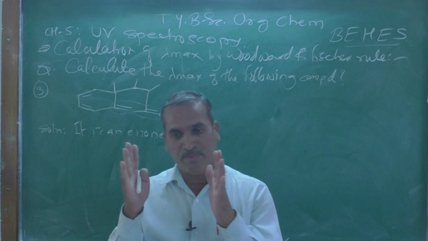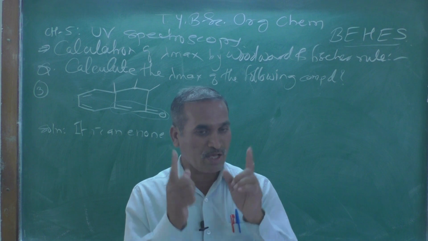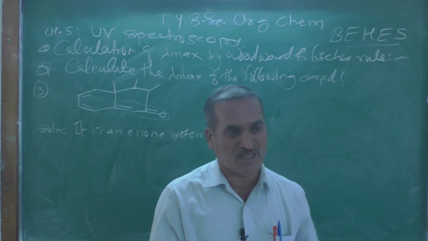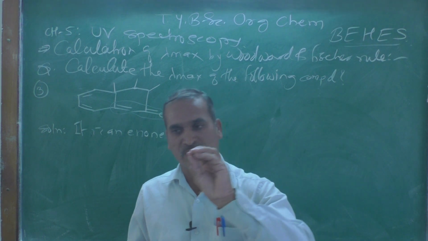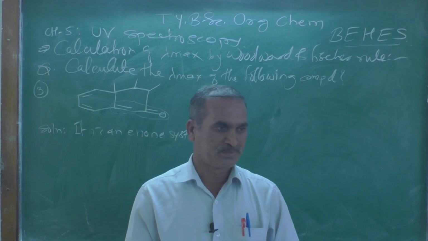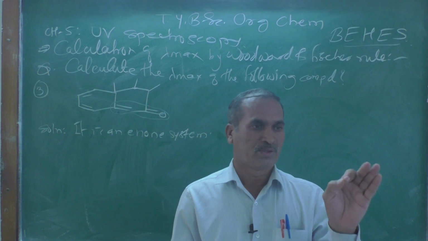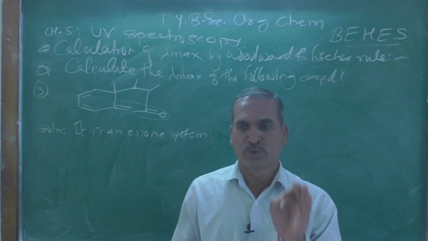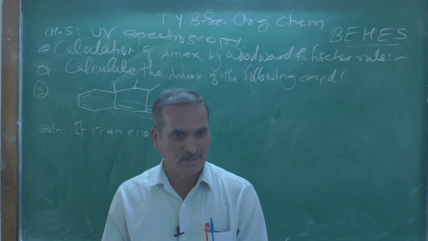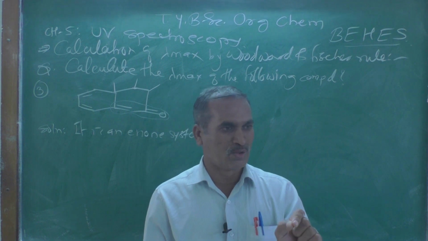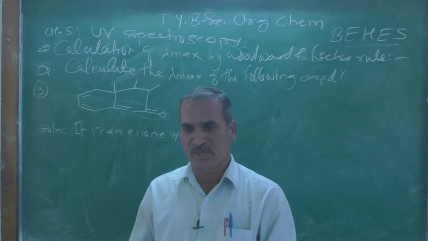Remember, if the carbonyl group is attached to a 6-membered ring, or there is an alkyl group, then we should consider the base value 215 nanometer.